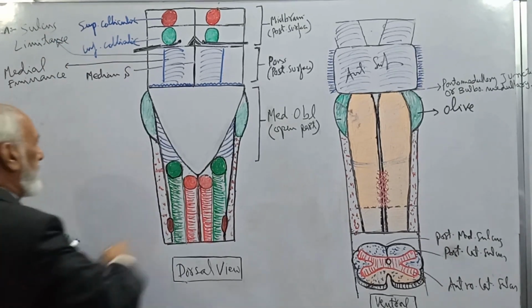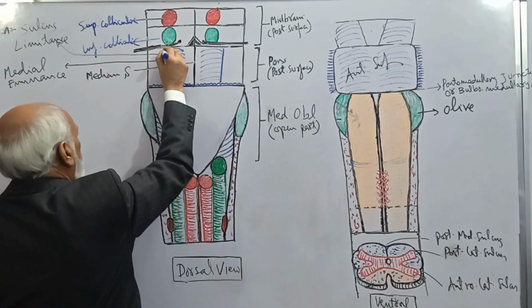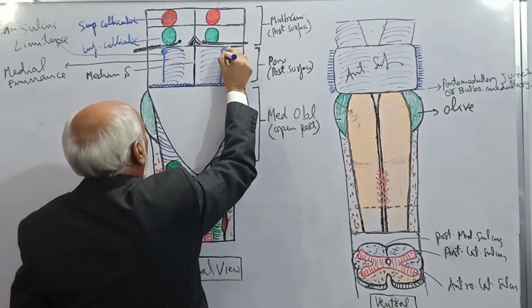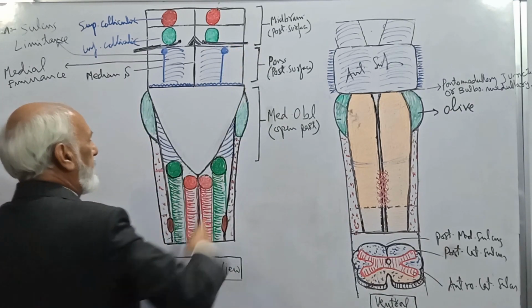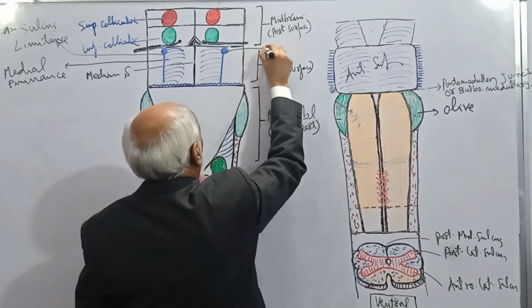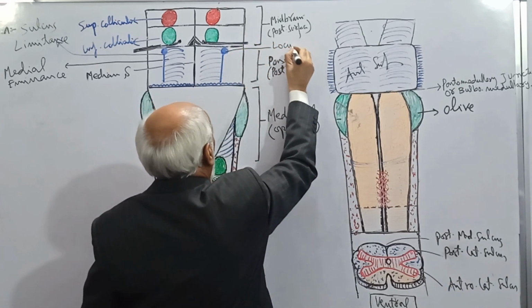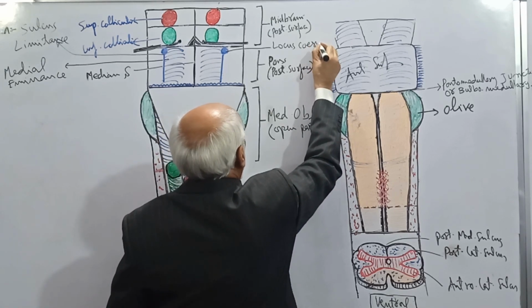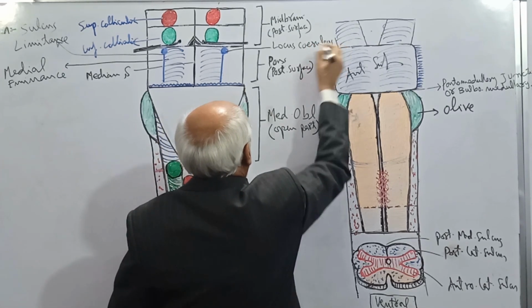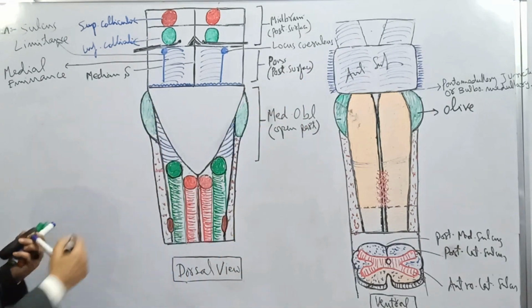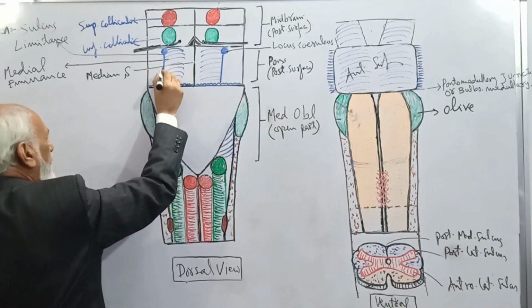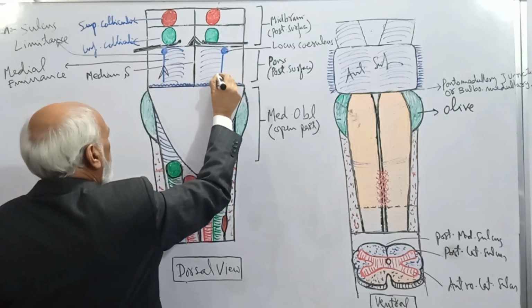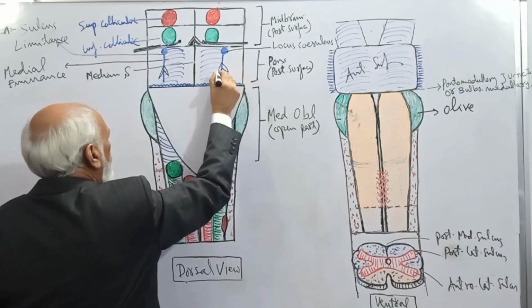And I told you at the upper end of the sulcus limitans, there is a bluish area known as the locus coeruleus. Then in the lower part of the sulcus limitans, there is an inverted V-shaped depression on each side, known as the superior fovea.